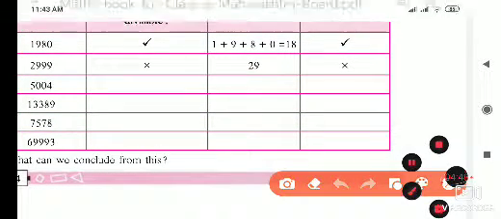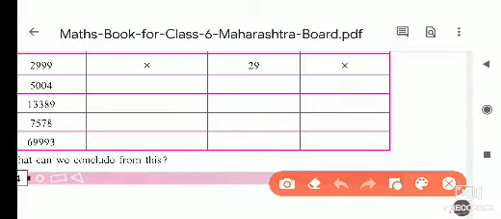First of all, we check whether 5004 is divisible by 9 or not. Just divide by 9. 9 ones are 9.